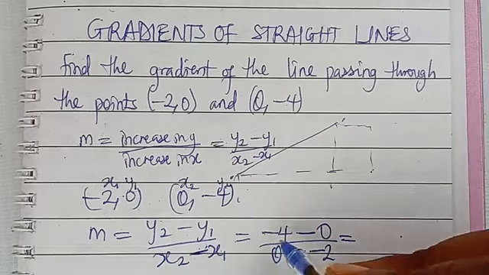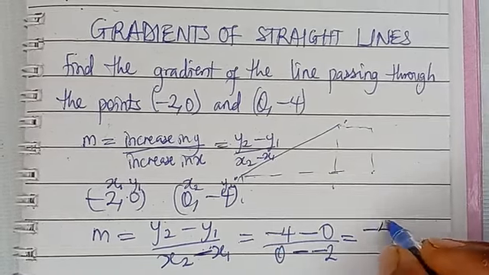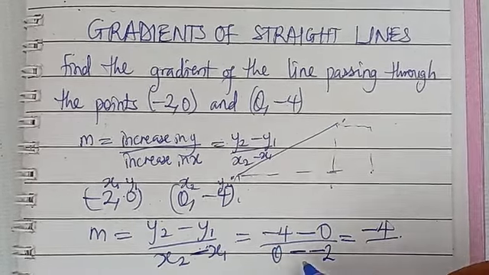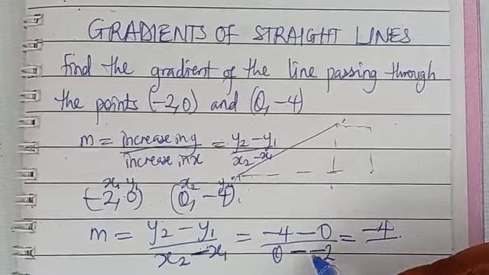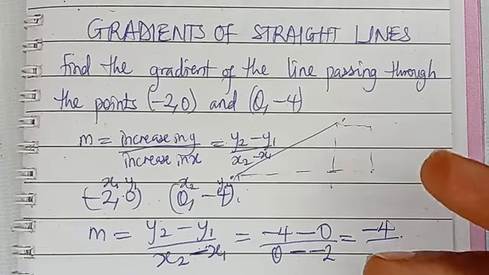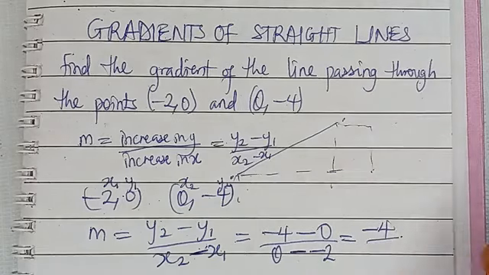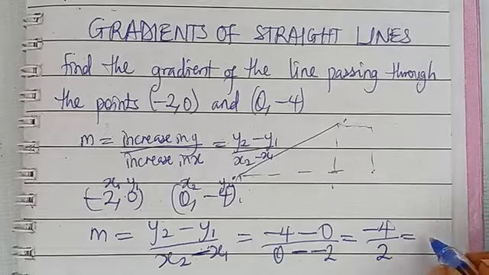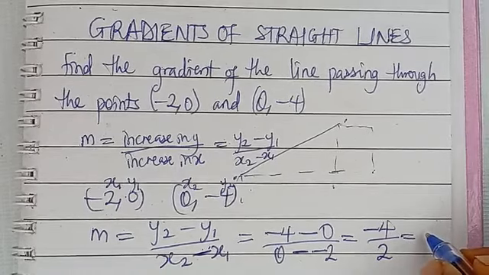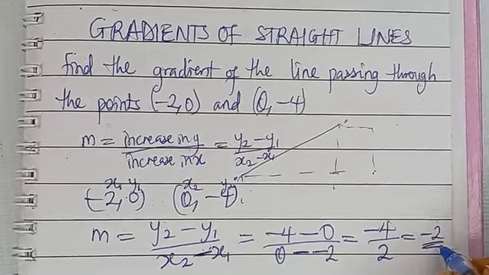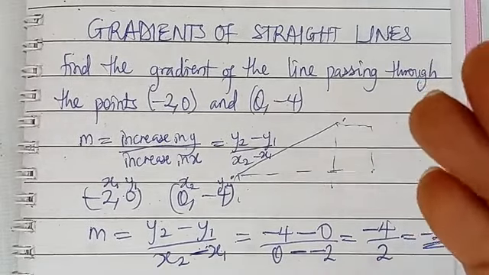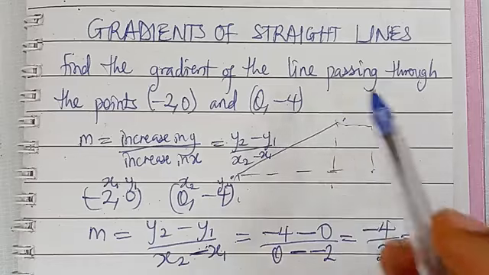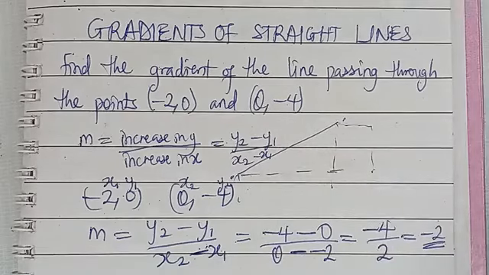So we have -4 minus 0, which is -4, over 0 minus -2. Minus and minus coming together is plus. It's just like saying 0 plus 2, which is equal to 2. So from here we can see that the value for the gradient is -2. So the gradient of the line passing through these 2 points is equal to -2.